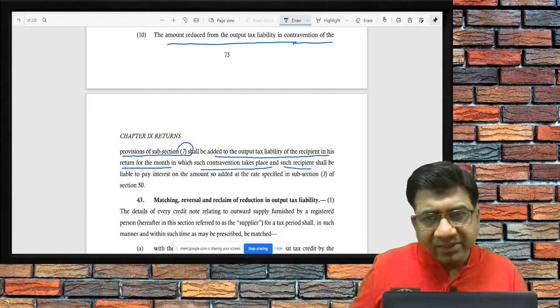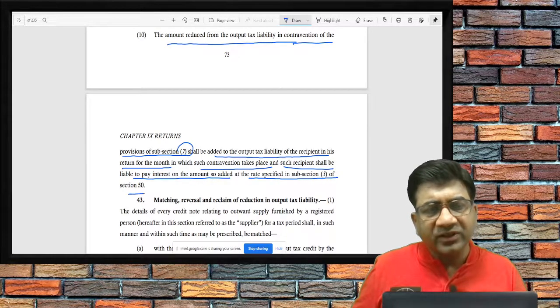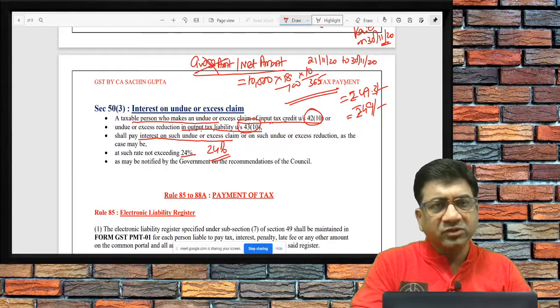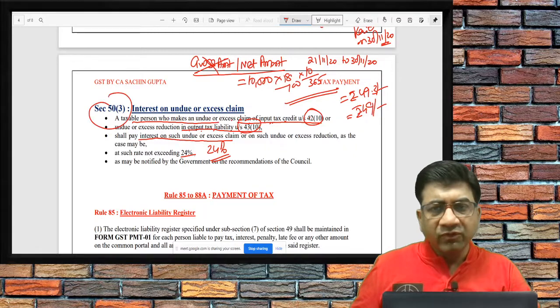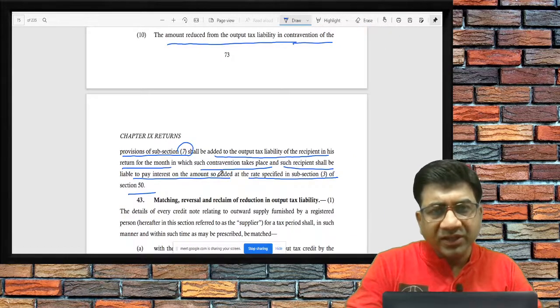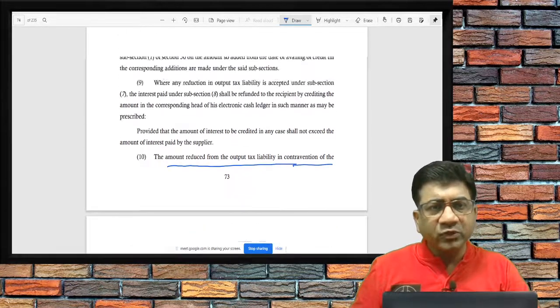And the recipient shall be liable to pay interest on the amount so added at the rate specified in subsection 3 of 50. Subsection 3 of 50, which we just did now. So see, 50 has a link to 43(10), and 43(10) says contravention under subsection 7. So what did you do wrong?